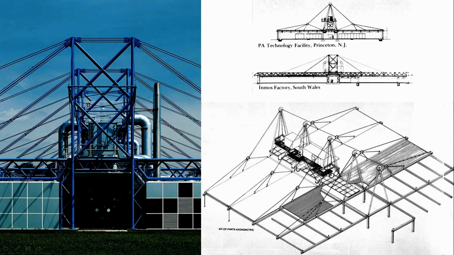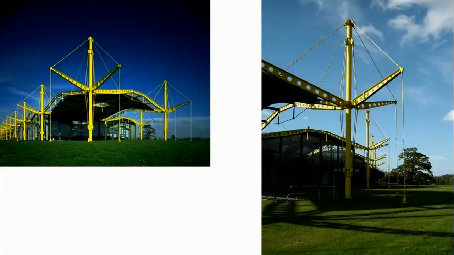This, I think, is the technology facility in Princeton, but the same principle occurring, and it's counterbalanced, isn't it? Equal and opposite on either side, a little bit like the cantilevers we looked at earlier on. So that's a lovely way of creating three-dimensional volumes from delicate, lightweight cable-stayed structures.